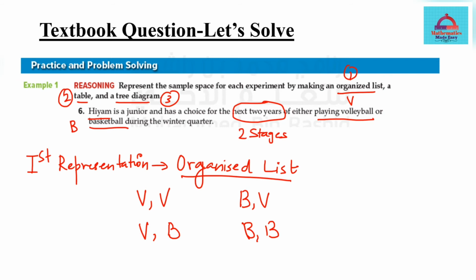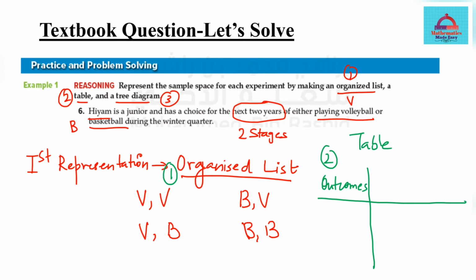Now the same thing you could also do in the form of a table. If you are doing it in the form of a table, there have to be rows and columns. So the way you will write your outcomes, you draw your columns, you draw your rows, and again it can have both the options.